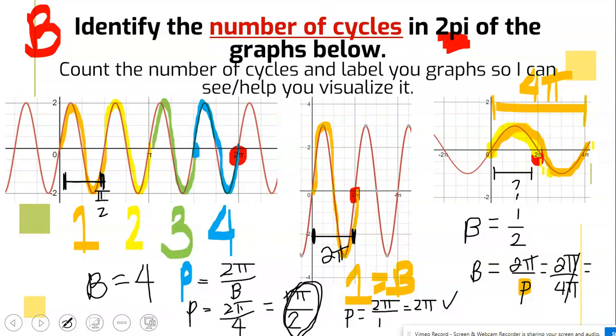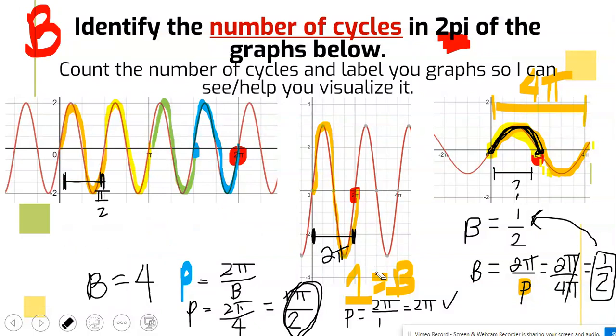Pi's cancel. 2 divided by 4, well, would you look at that? It gives you 1/2, and that is exactly what we found. There's only half of the sine graph between 0 and 2 pi. And so B represents the number of cycles in 2 pi.